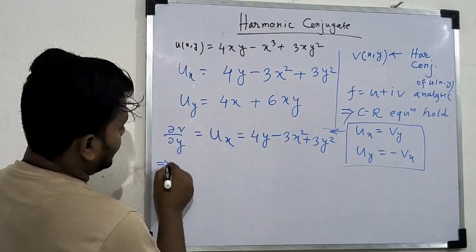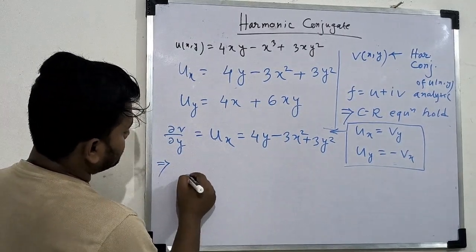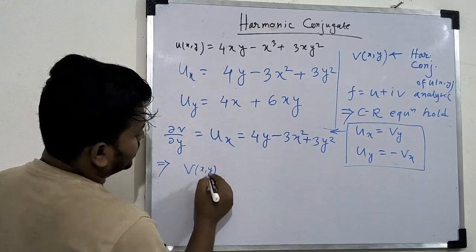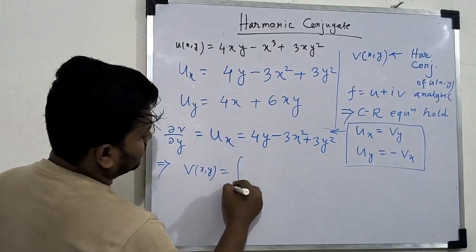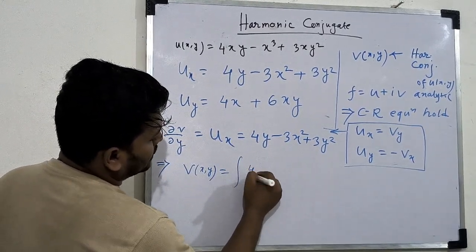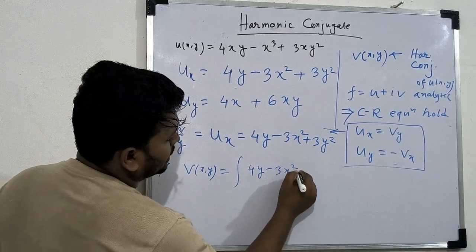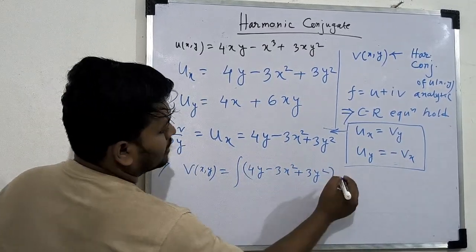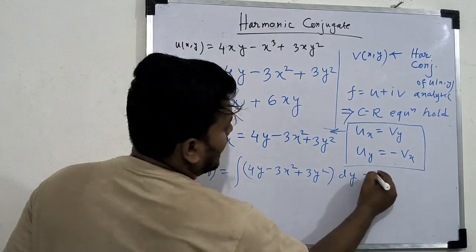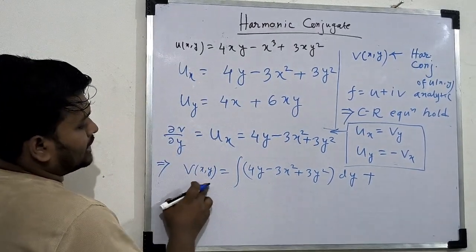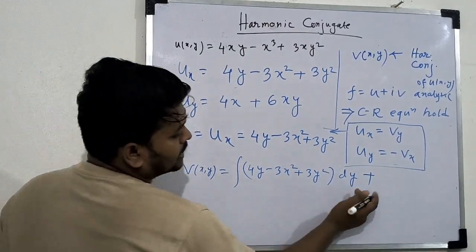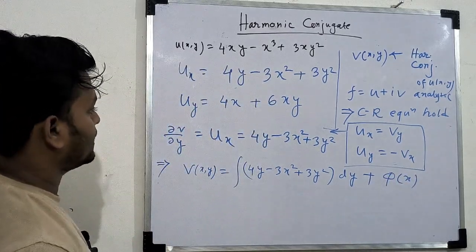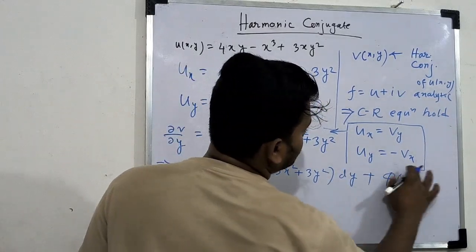By integrating we get v as a function of x, y, the integral of 4y minus 3x square plus 3y square with respect to y. As we integrate with respect to dy, we get a constant which is a function of x. This is very important.